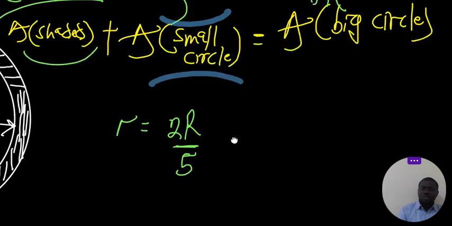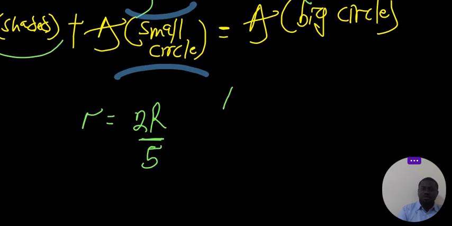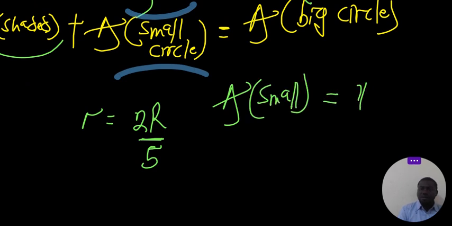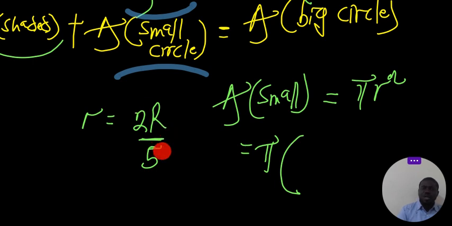So let's work on the area of the small circle. As we have said, it is pi r squared, but because we want the answer in terms of big R, let's substitute for small r there. So we have pi, and instead of small r, I write 2 big R over 5, as given in the relationship in the question.